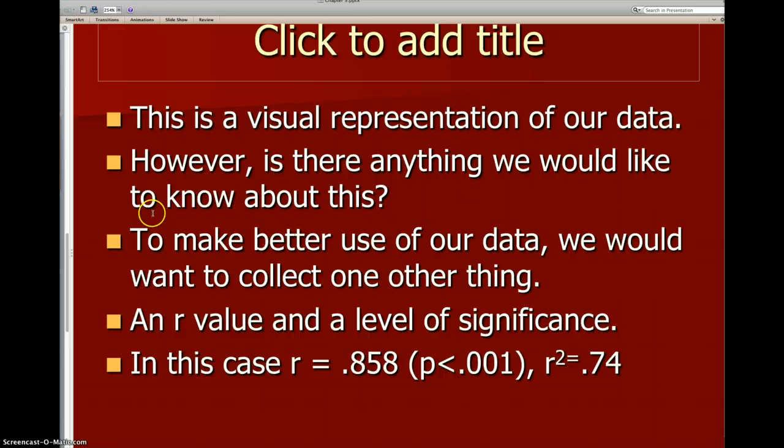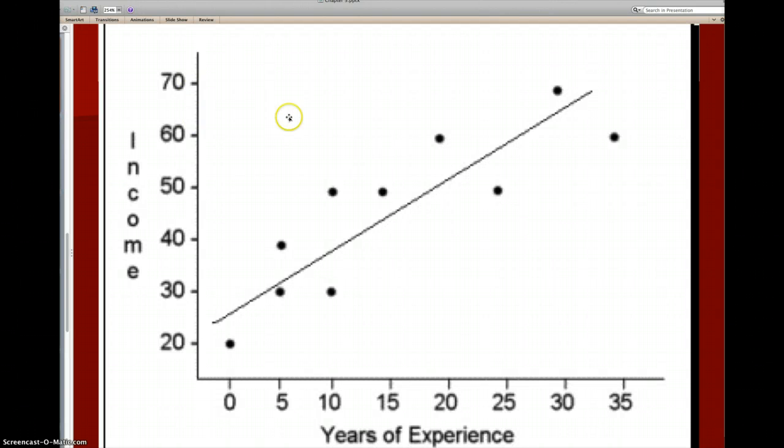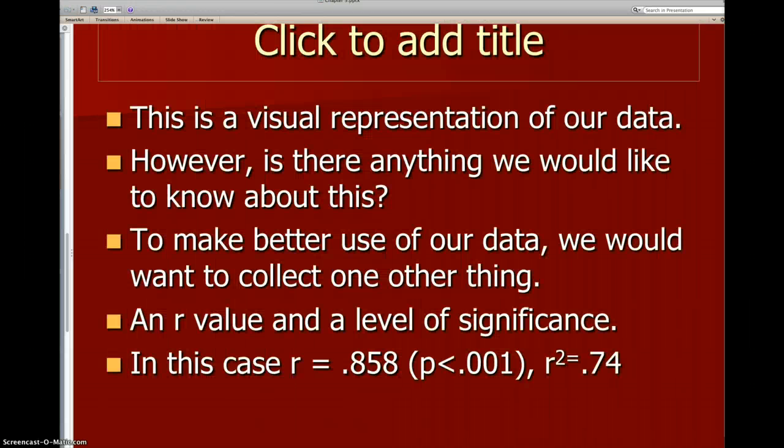That never happens. A negative correlation would be a -1. A perfect negative correlation would be a -1. And this line would be going from top to bottom, and all the dots would be sitting on it. If there was no correlation, this R value would be 0.